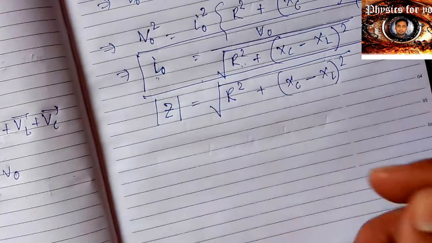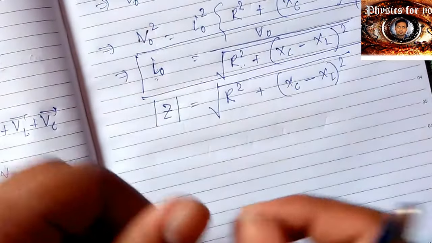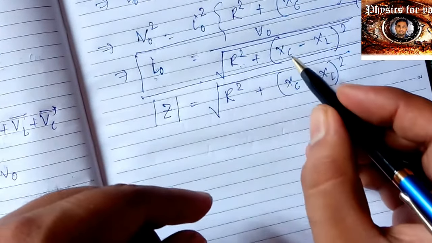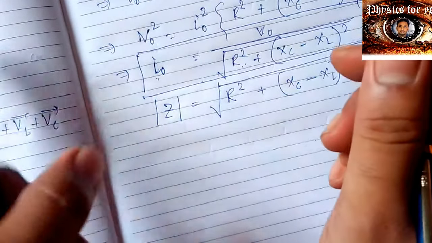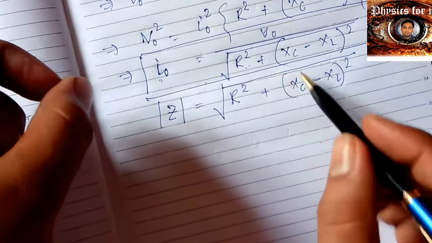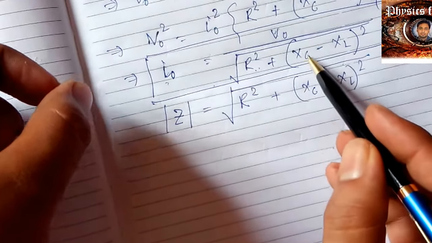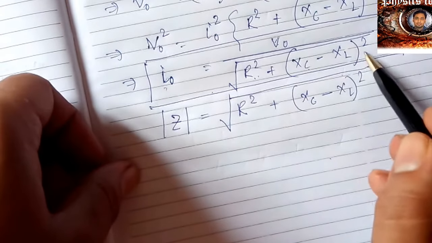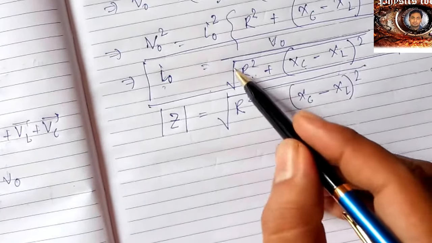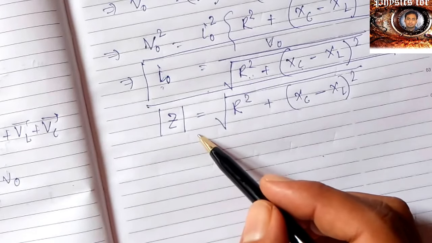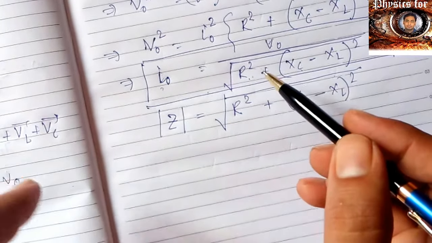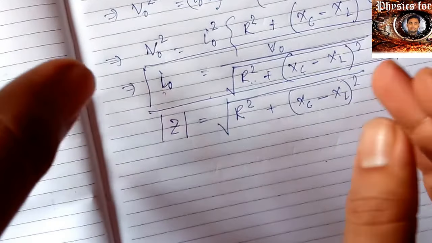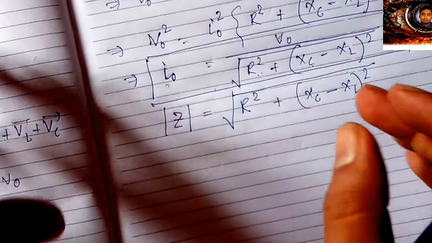If you adjust the frequency in such a way that XC is equal to XL, then for that particular frequency this term will vanish. If this term vanishes, then the impedance Z is minimum, that is, the current in the circuit is maximum. The situation is called the series resonance.